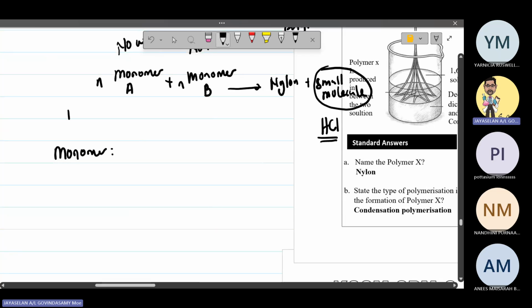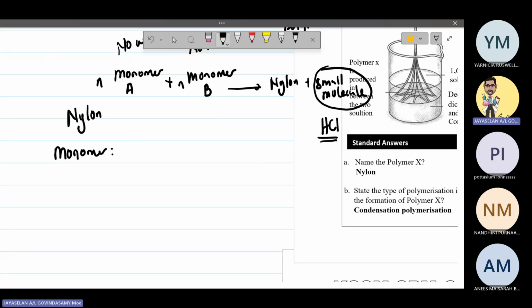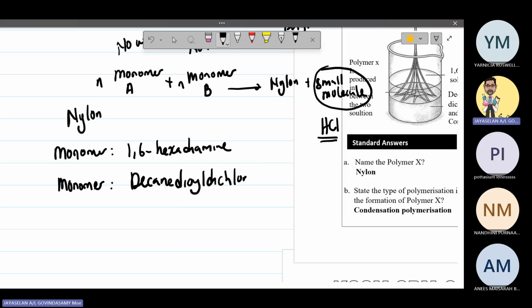For nylon's monomers, please remember for objective questions only. You have to memorize for objective questions only: 1,6-hexanediamine. The other monomer is decanedioyl dichloride.